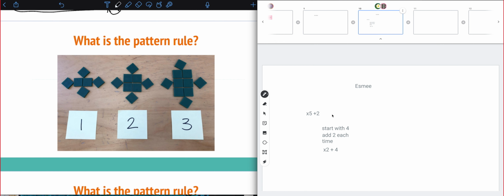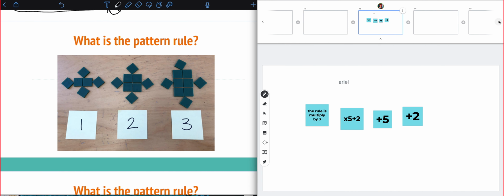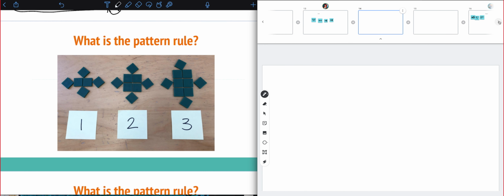Okay, Esme, I like some of the language you got going on in there. Esme is saying, okay, we're going to start with 4, and then we're adding 2 each time. That's good.